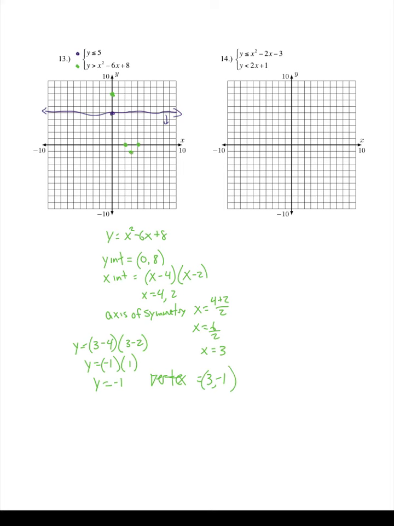We go over 1, up 1 to our intercepts. We go over 2, up 4, to the right 2, up 4, to the left 3, up 9. Dash line, and it's greater than, so we're going to graph above the line, which is inside the graph. So we're below the purple line, inside the parabola, and so that's going to be this little section right here.